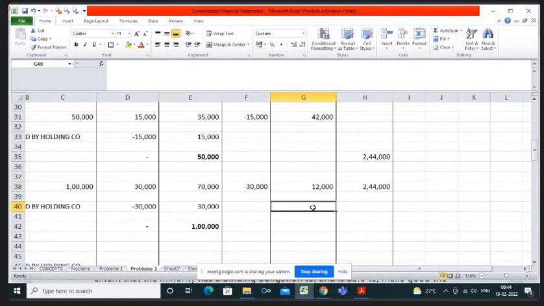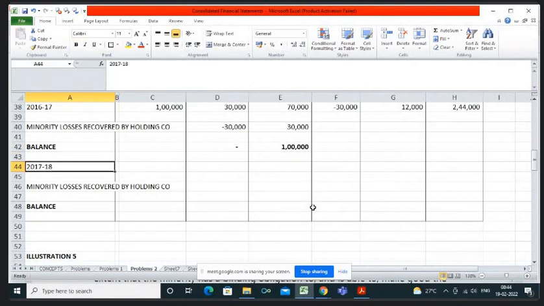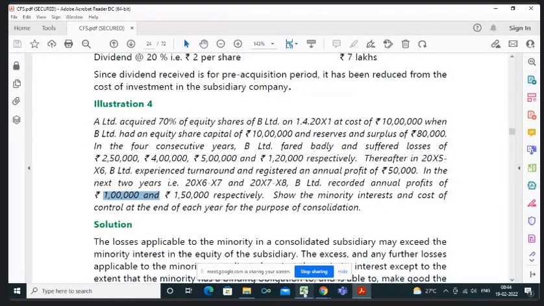So ultimately we have reached the last year. The last year is 2017-18. How much is the annual profit? 1,50,000.